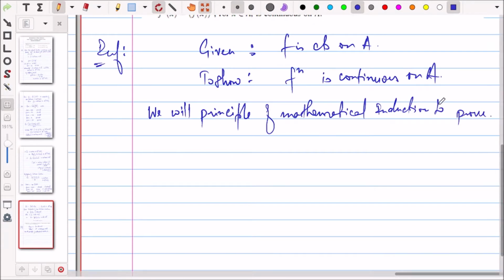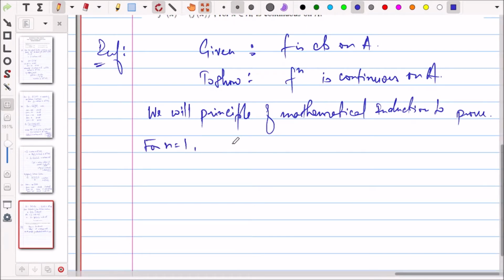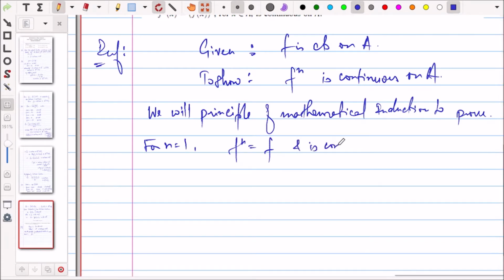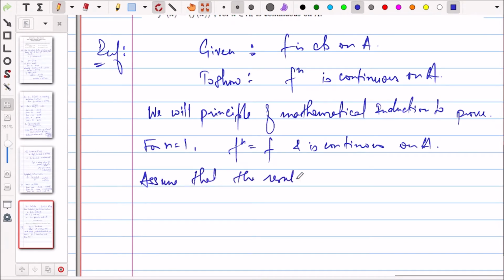Okay, so we will prove it by induction. So for n equal to 1, it is trivially true. For n equal to 1, fn is equal to f and is continuous on A. So we are done in this case. Okay, so assume that the result is true for n equal to k, that is fk is continuous on A.